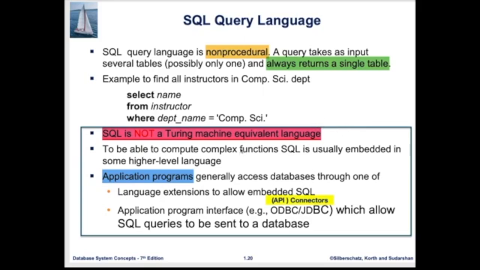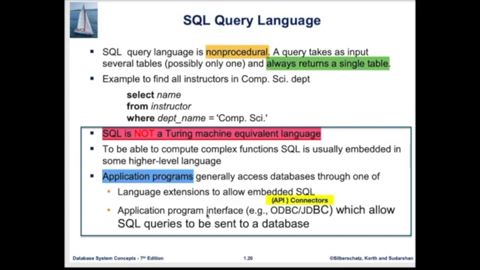So, to be able to compute complex functions, si SQL, it is usually embedded in some higher level languages. For example, yung mga SQL query natin, sometimes nilalagay siya sa loob ng mga C, Python, or Java na codes. And yung application programs, it generally accesses databases through one of the language extensions to allow embedded SQL.